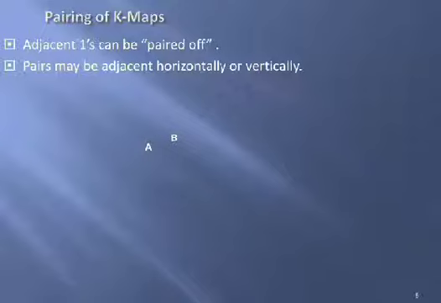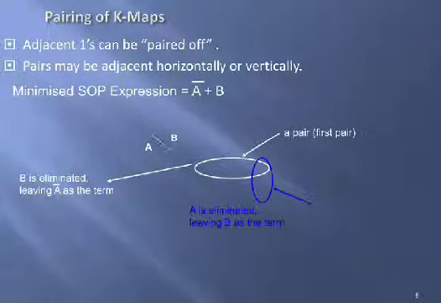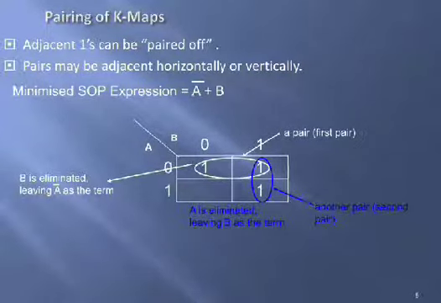We will see pairing in K-maps. The first point is that adjacent ones can be paired together. That means here one is there, one is there, so these two can be paired like this, and here 1 and 1 can be paired like this.